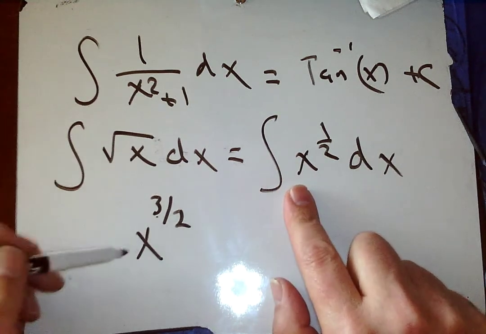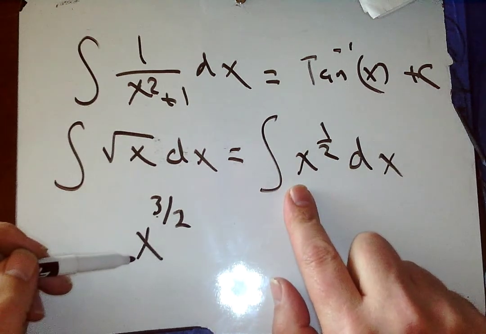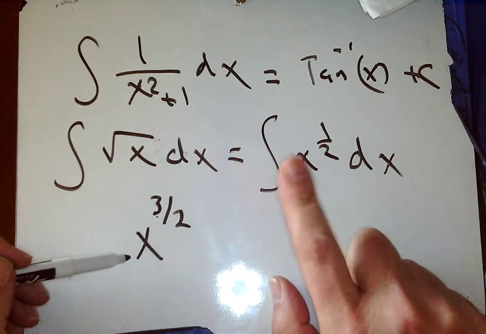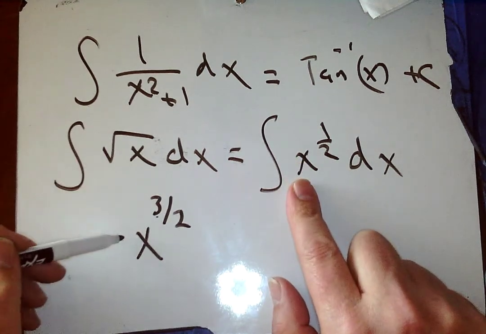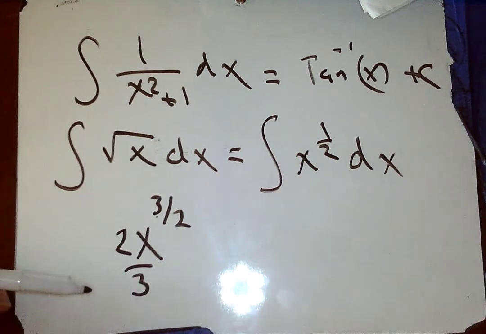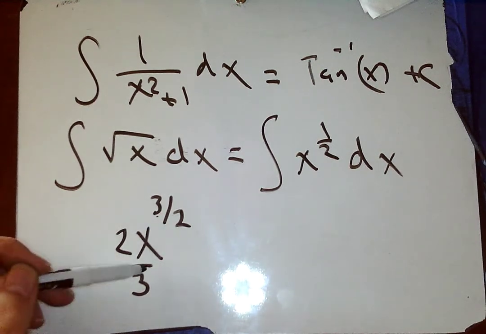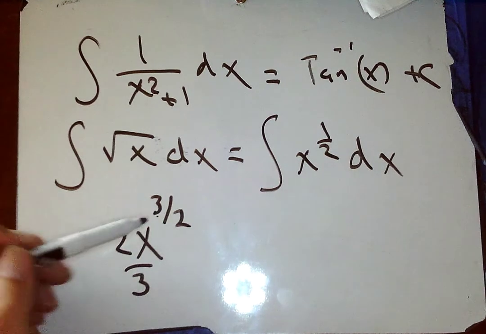So there must be something present in the original function so that when you take that derivative, that thing that's not there goes away, cancels out. So I must have a 2/3 here. When I bring down that 3/2, I get that canceling, and I just have x to the 1/2.